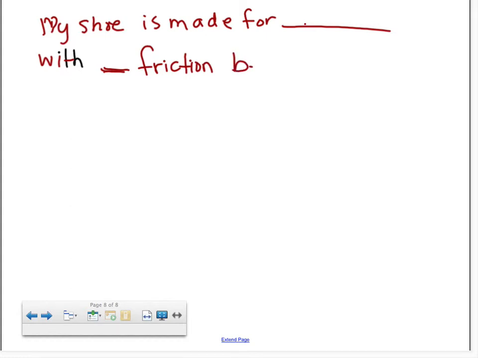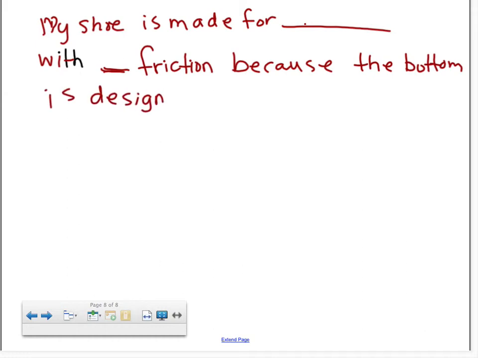And you have, because the bottom is designed with, and then put how your bottom is designed.